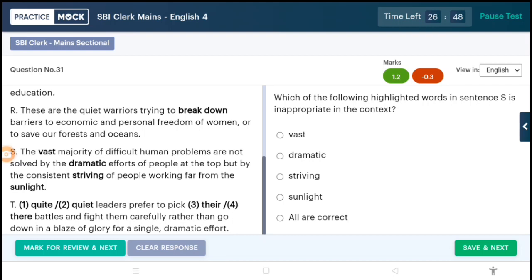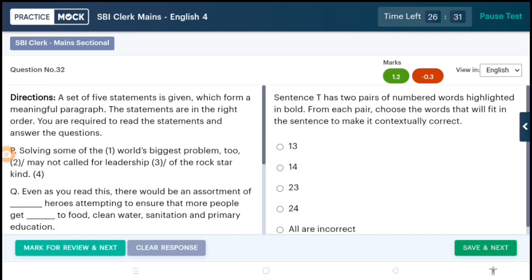The vast majority of difficult human problems are solved by the dramatic efforts. Consistent striving of people. I think option C.